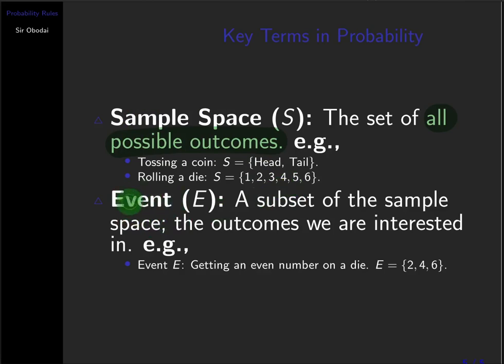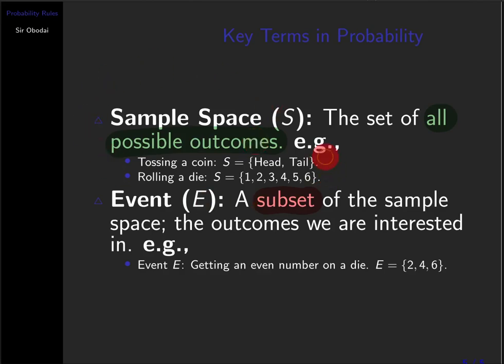Then we are talking of event. The event is a subset of the sample space. So if you go to the sample space and you take a subset you are interested in, that becomes your event. If it is rolling a die, maybe you are interested in rolling an even number.